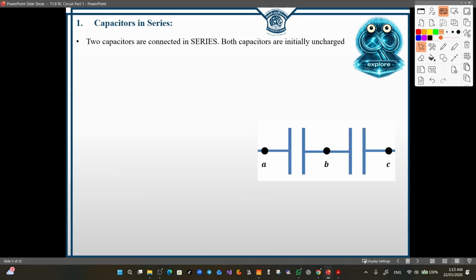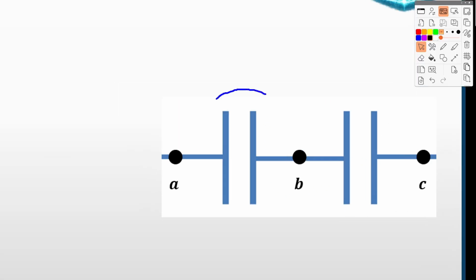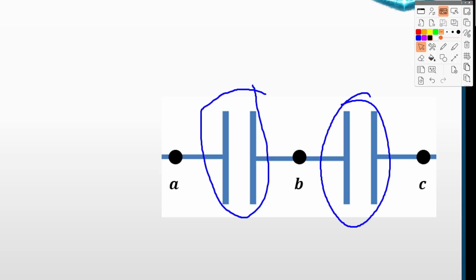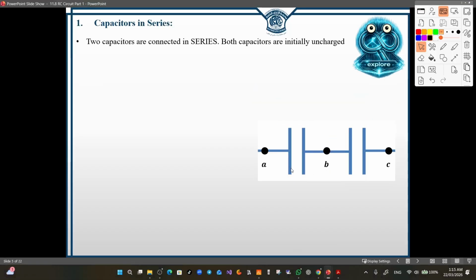Now, capacitors in series. Two capacitors are connected in series, and both capacitors are initially uncharged. Recall that to connect two electrical elements in series, they must have one terminal in common. So this capacitor and this capacitor are connected in series.